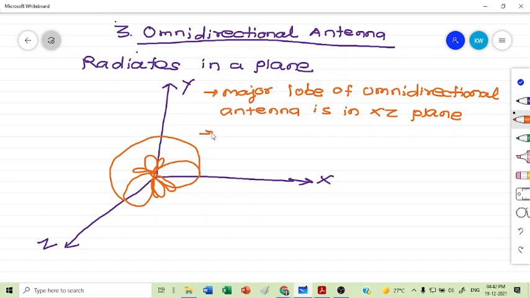And with respect to Y orientation, there are minor lobes. So minor lobes are along the Y direction.